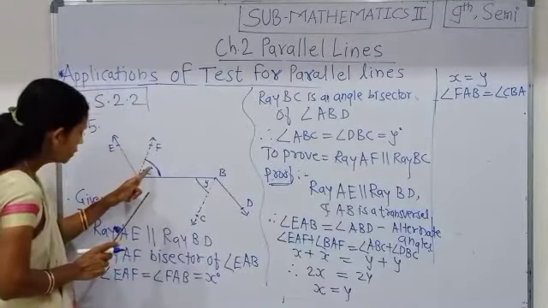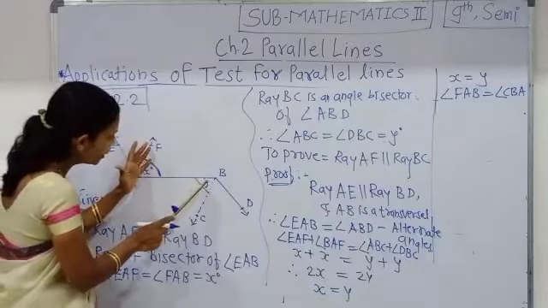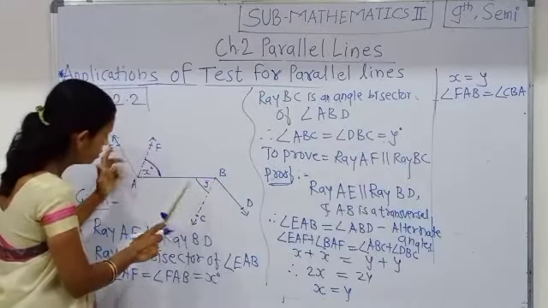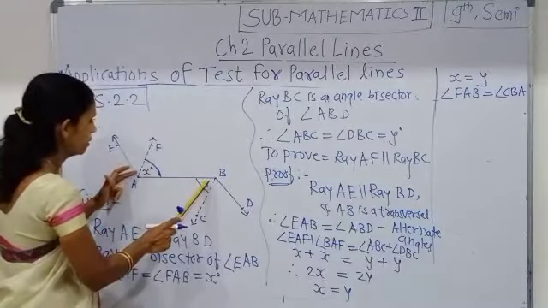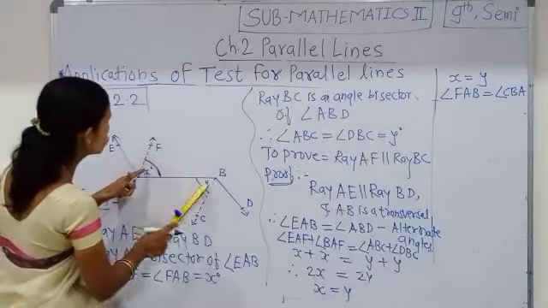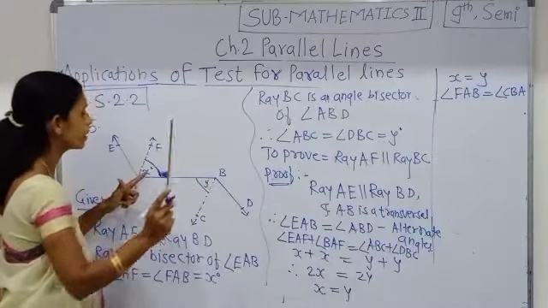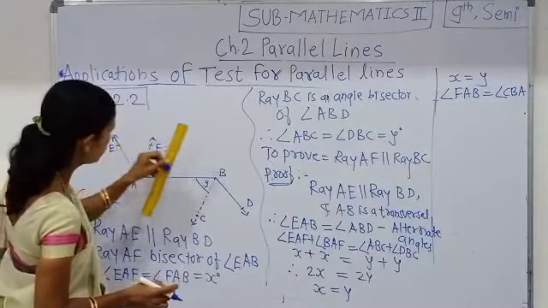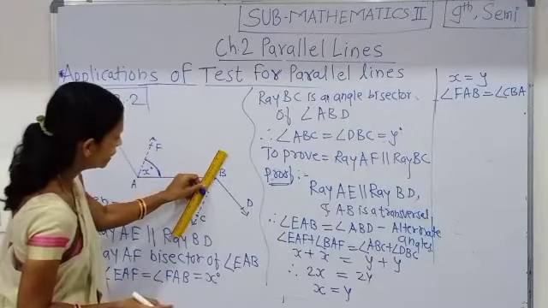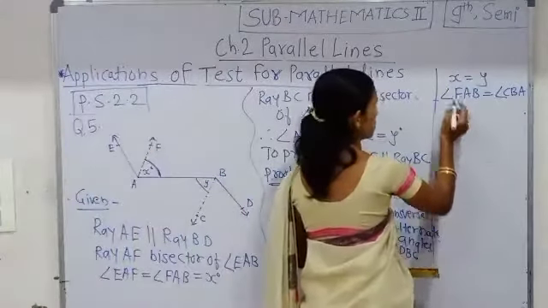Then angle FAB is congruent with angle ABC, or CBA. Those two angles are alternate angles, therefore ray AF is parallel to ray BC by the alternate angle test.